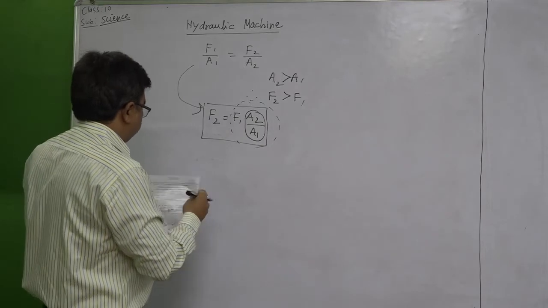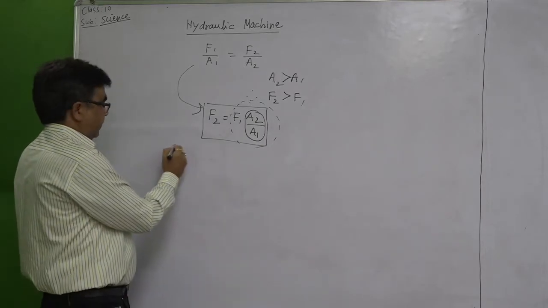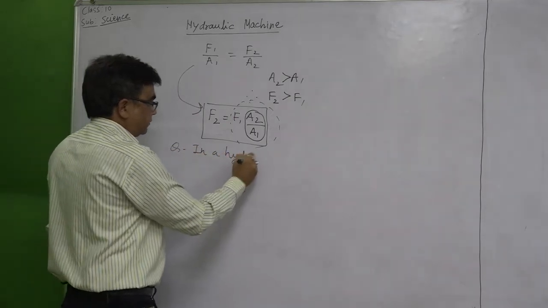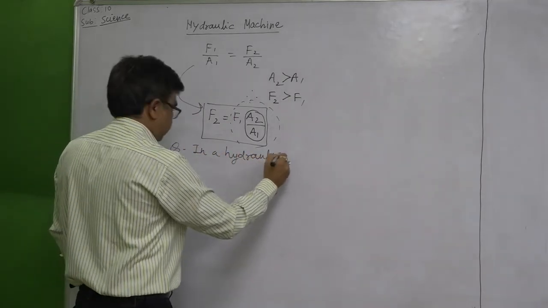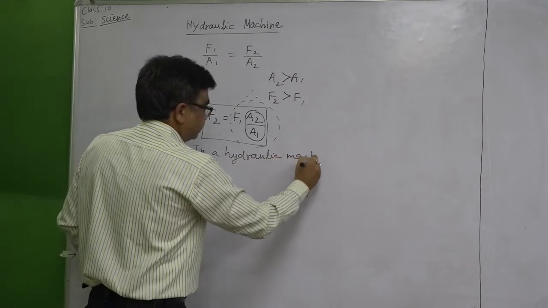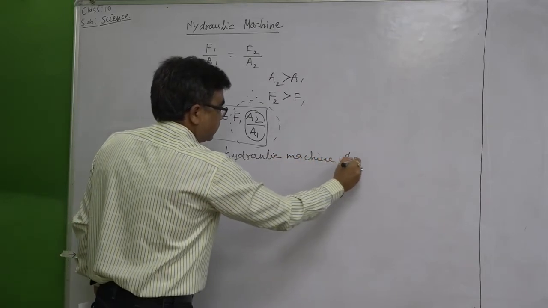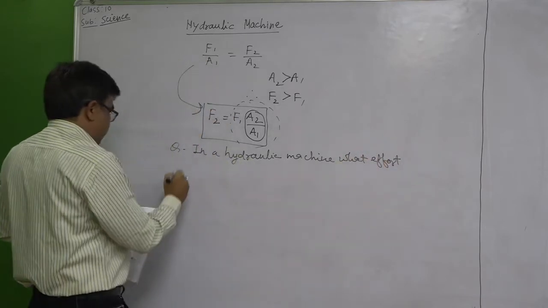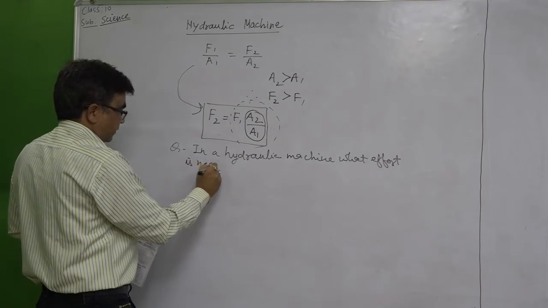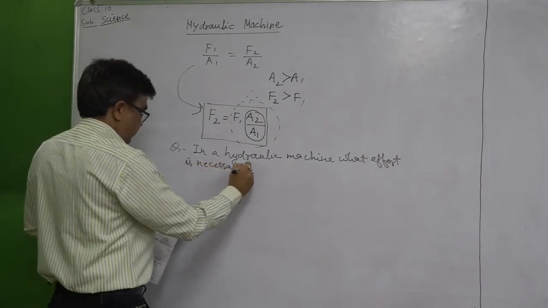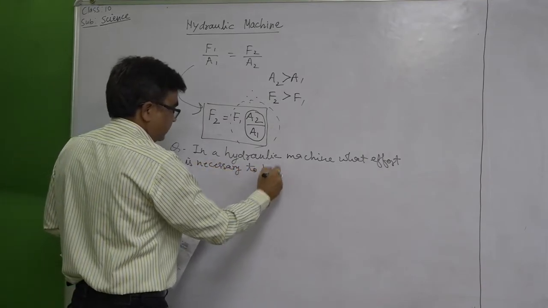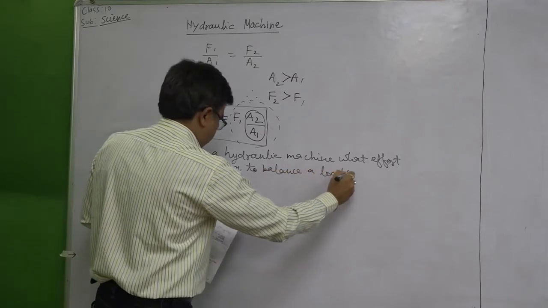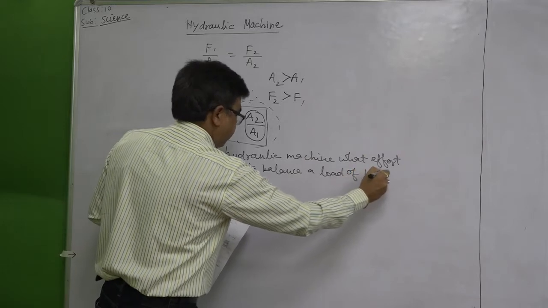The question is like this: in a hydraulic machine, what effort is necessary to balance a load of 1000 Newton?